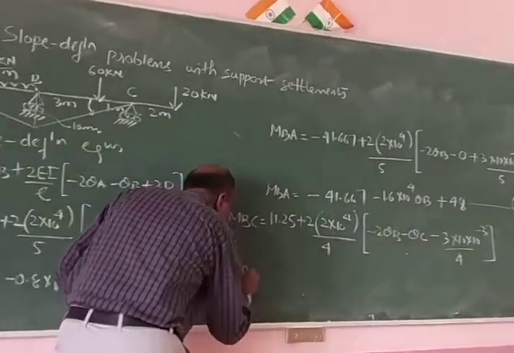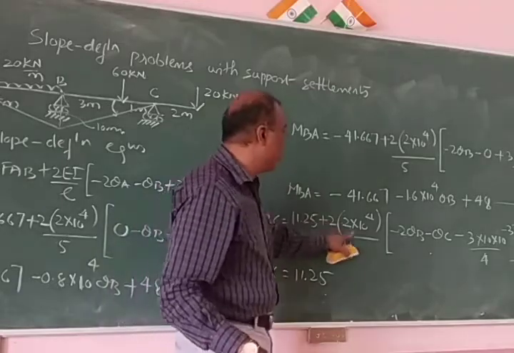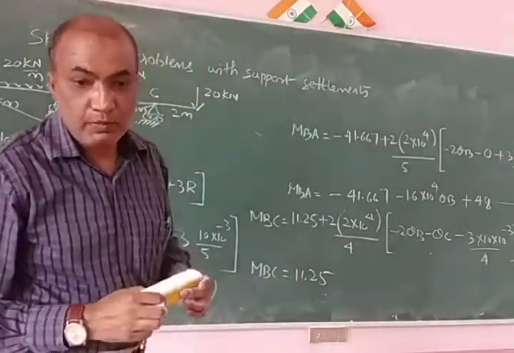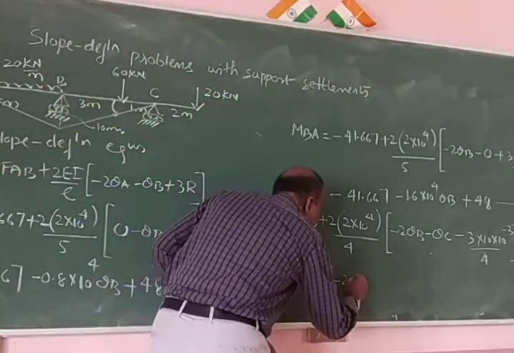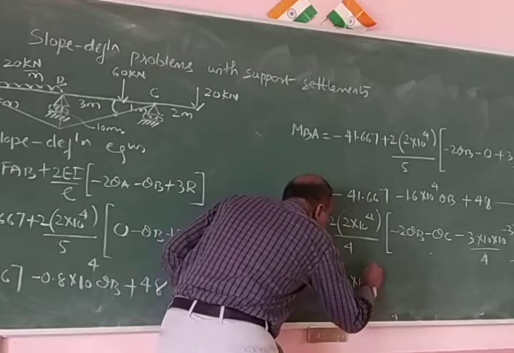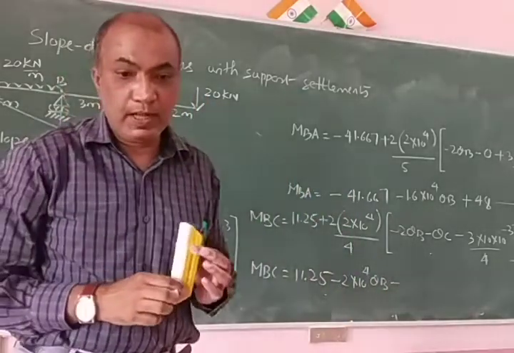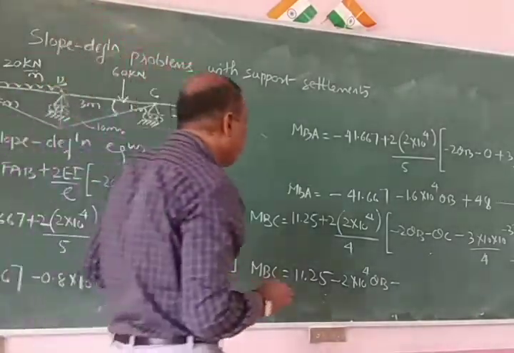MBC will be equal to 11.25. So simplify this, 2 into 2, 4 into 4 by 4. So MBC will be equal to minus 2 into 10 to the power 4 theta B minus 10 to the power 4 theta C.